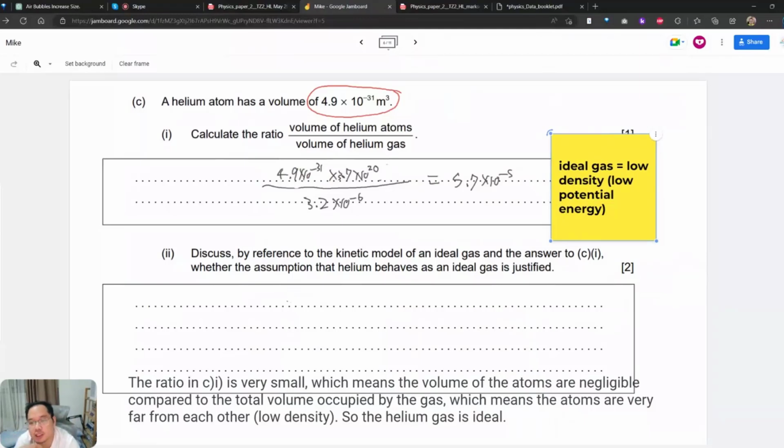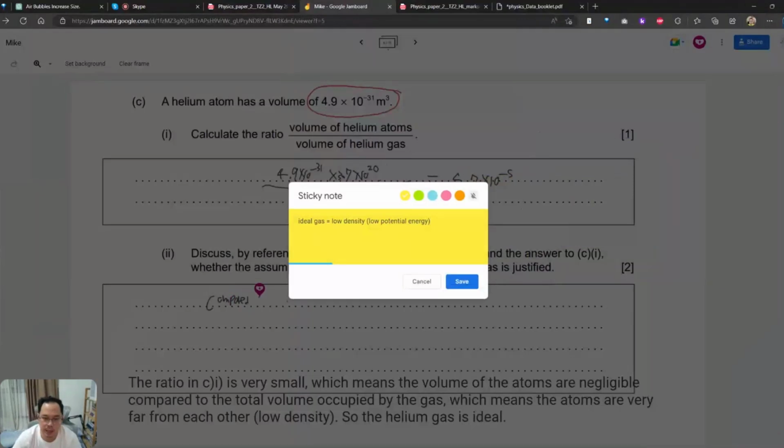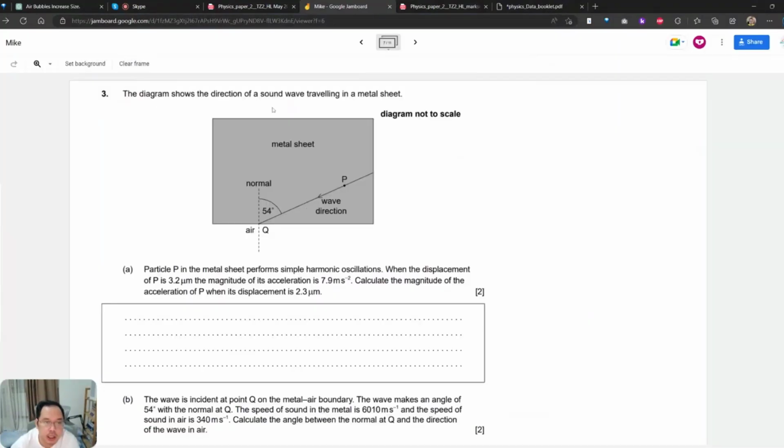Most importantly, the density. And the other condition is that the temperature is not too low, so that the kinetic energy is a lot greater than the potential energy.